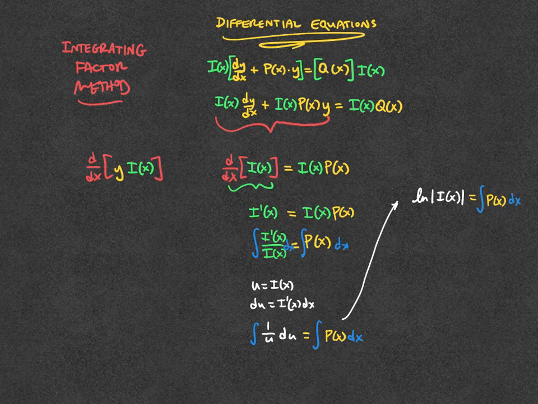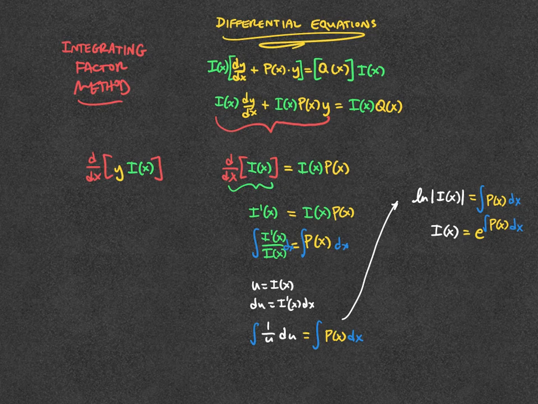Okay, so I of x can be written in terms of p of x. I of x is equal to e to the power of the integral of p of x dx. All right, so this is really cool. I can find the integrating factor, and I can work through some problems with it.